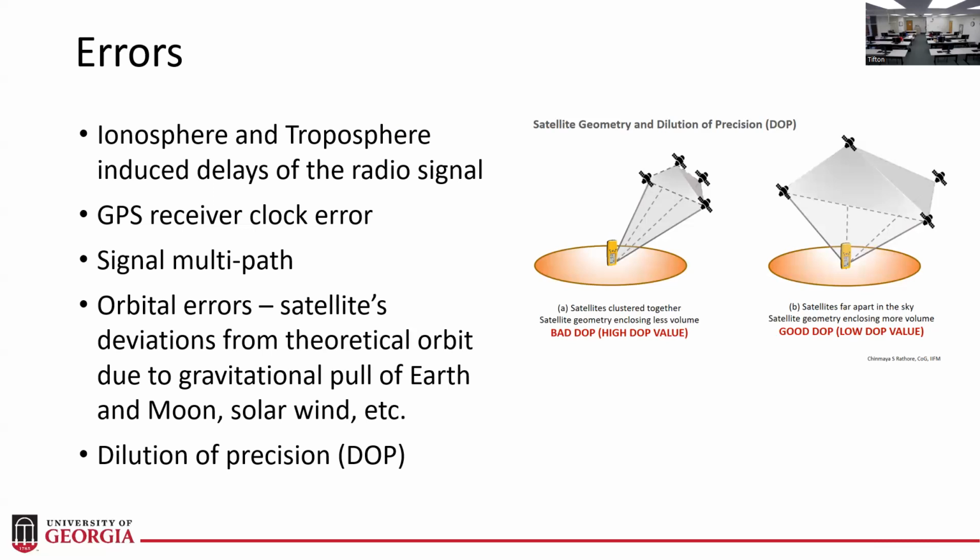There are things in the atmosphere that can delay that signal. So if you're calculating your location, remember the equation. To calculate the distance, you need to know when the signal left and when it arrived. You know the exact speed, but if something along the way makes your signal slower, then you're going to add a small error to your calculation.